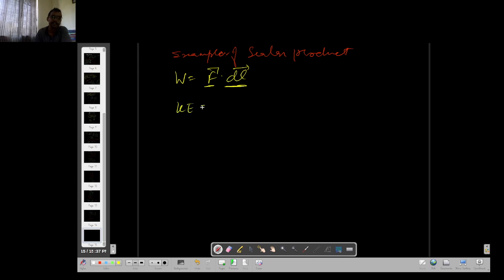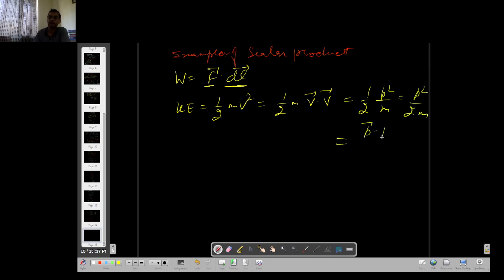Kinetic energy is also known as half mv square, so it is half m v dot v, where v is the velocity, and sometimes it can be represented in terms of momentum, so it is p square by 2m, p dot p over 2m. This is another way to look at it.